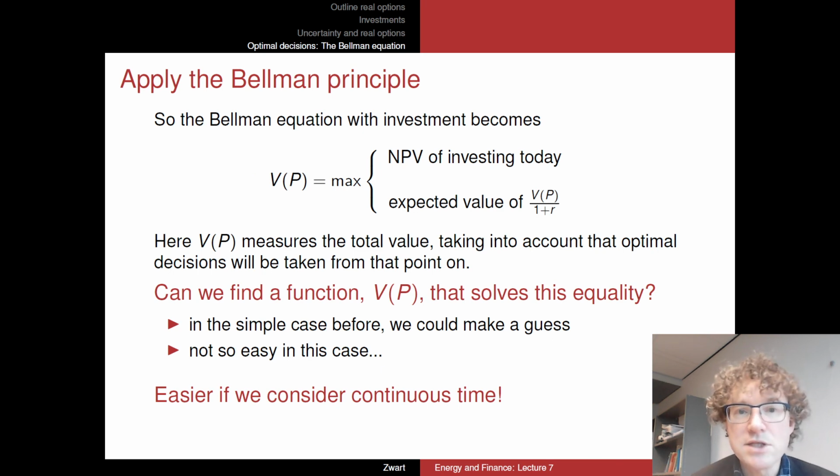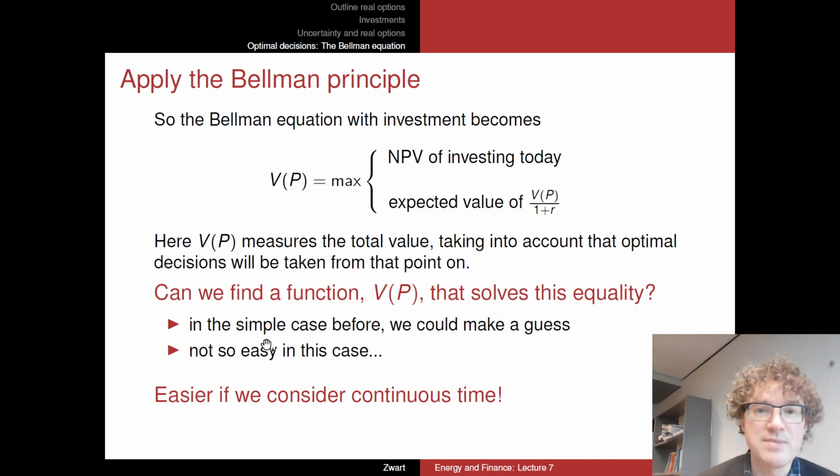So what does that bring us? This Bellman equation with investment says that today we want to think about the maximum of the NPV of investing today, or getting the expected value of the value of this project tomorrow, including all the optimal decisions afterwards, discounted by 1+r, of course.